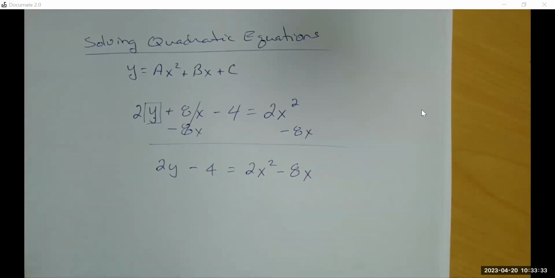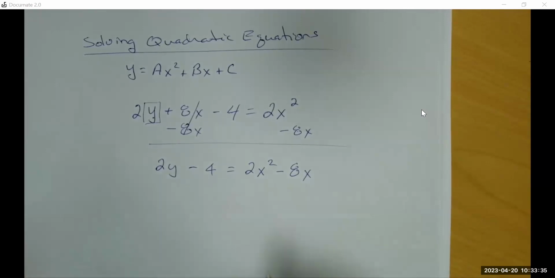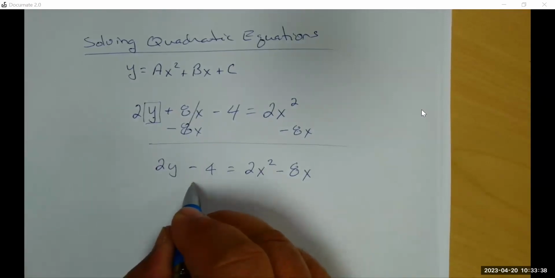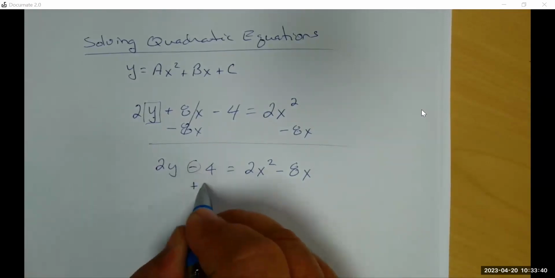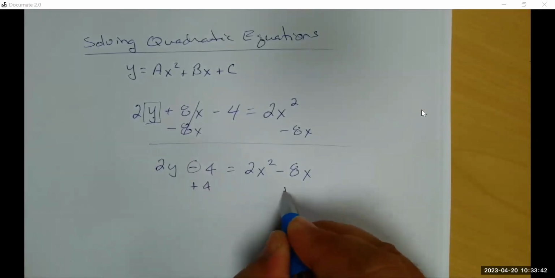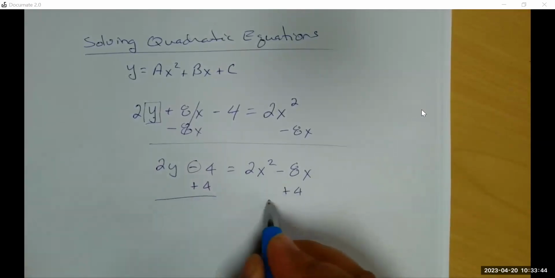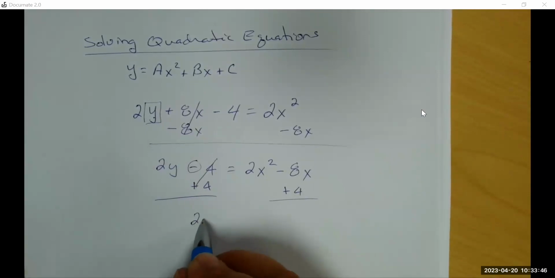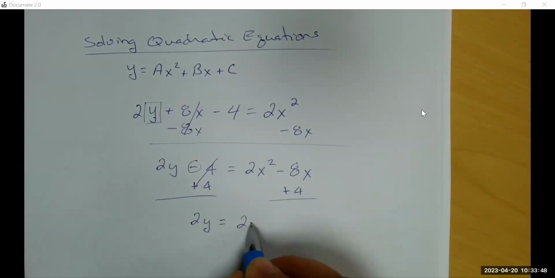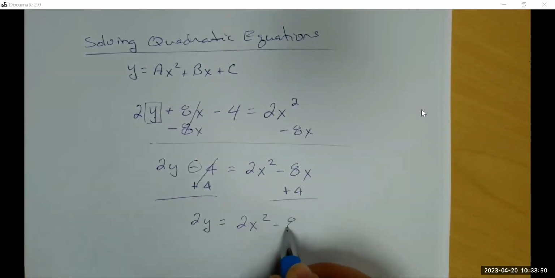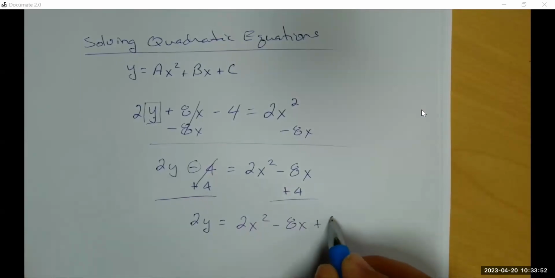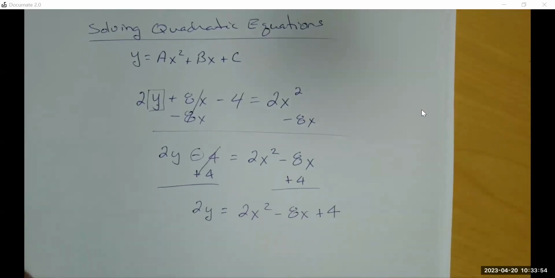What else do we get rid of? The negative 4. How? Plus 4. It's always a process of opposites. So we add 4: 2x squared minus 8x plus 4.